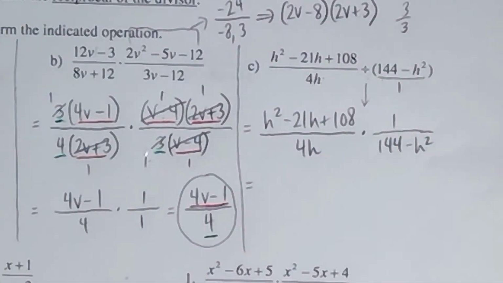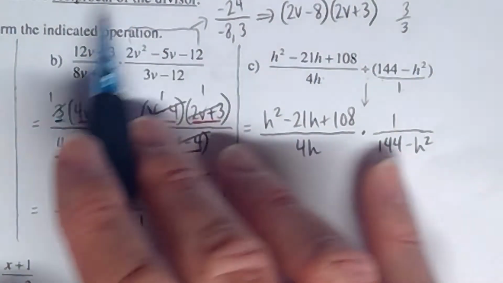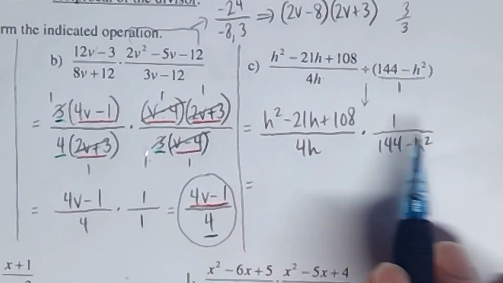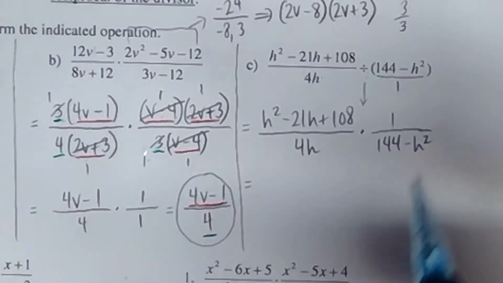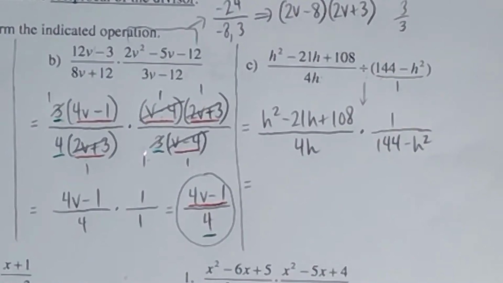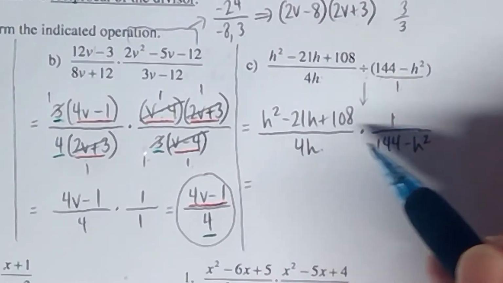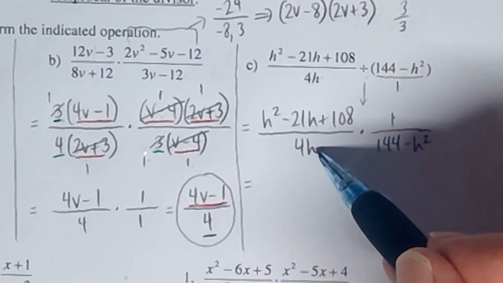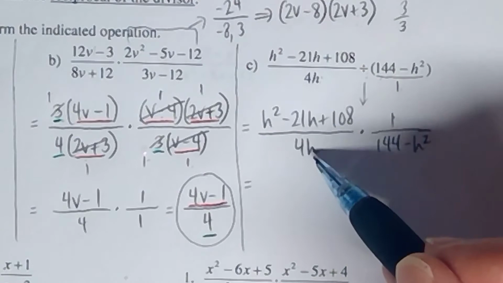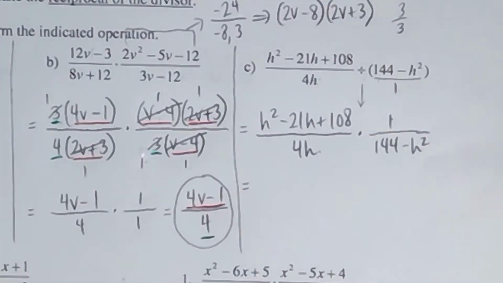Now that it's a multiplication problem, you guys, it just becomes the same as the last problem here. Factor everything that you can, and then cancel everything that you can. Now remember, the 1 and the 4h are both single terms in your numerator and denominator, and that's just a single green factor there. You don't have to factor that.